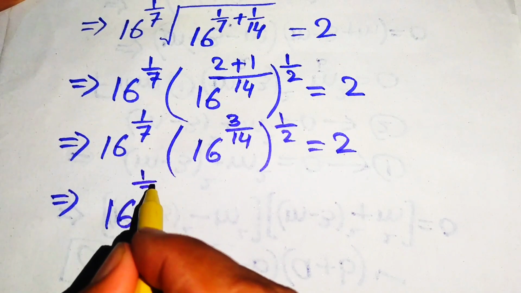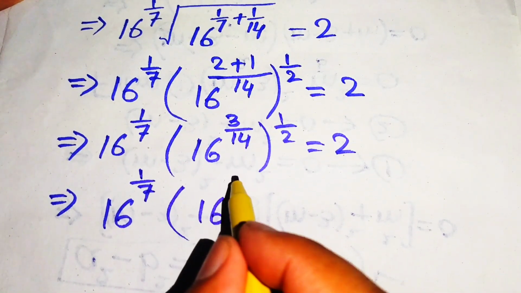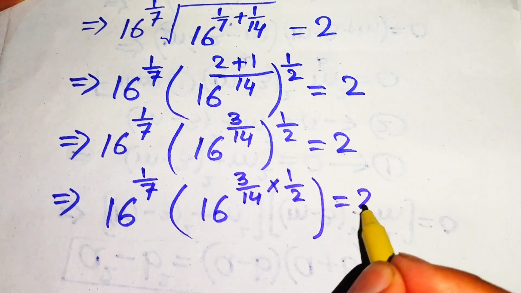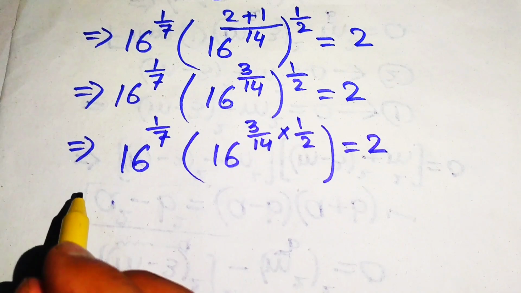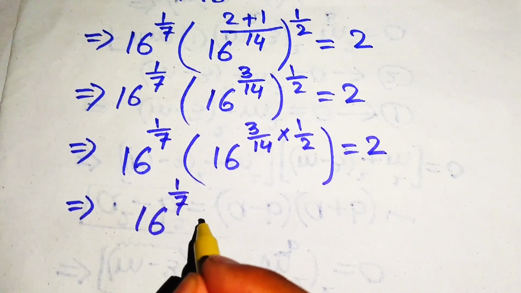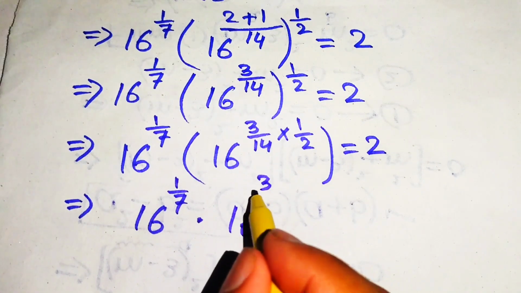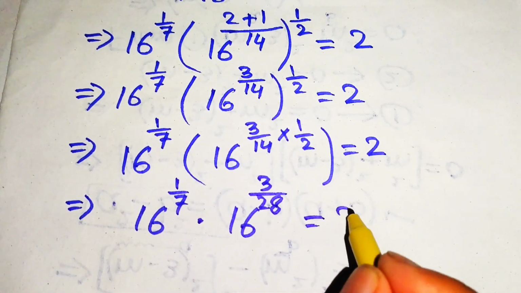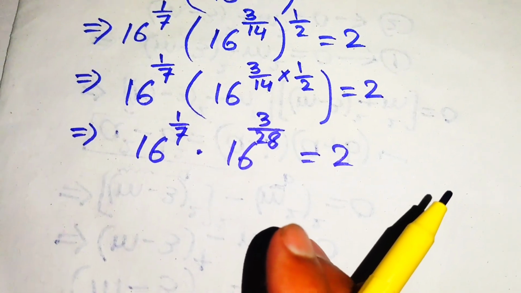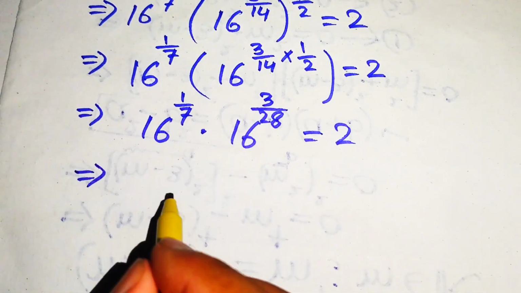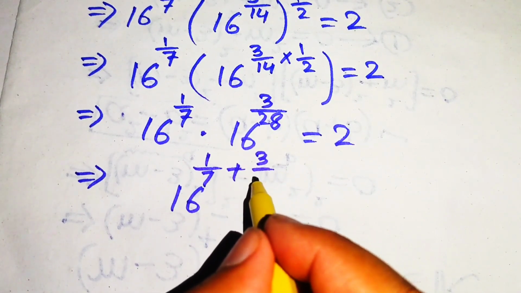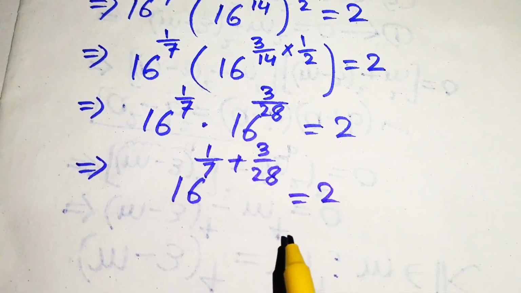So now we again use the exponential law, and we multiply these two exponents, and we write it as 16 to the power of 1 over 7 into 16 to the power of 3 over 14 multiplied by 1 over 2, and this whole equals 2. When we multiply these two exponents, we easily get 16 to the power of 1 over 7 into 16 to the power of 3 over 28 equals 2. Here again the bases are the same on the left hand side, so we add the exponents and write it as 16 to the power of 1 over 7 plus 3 over 28 equals 2.